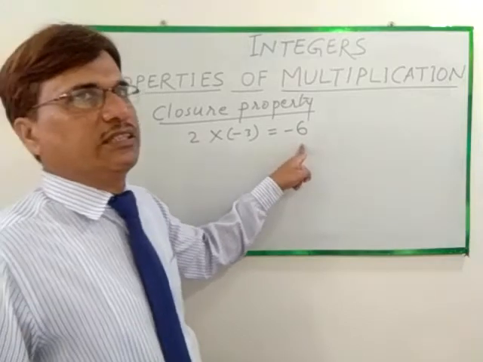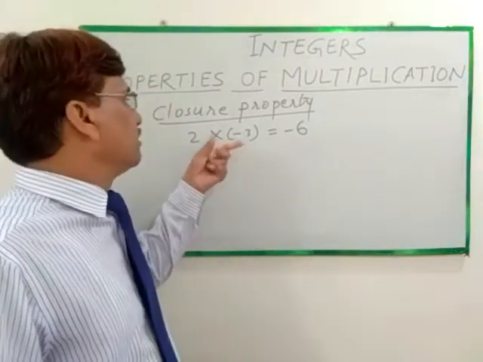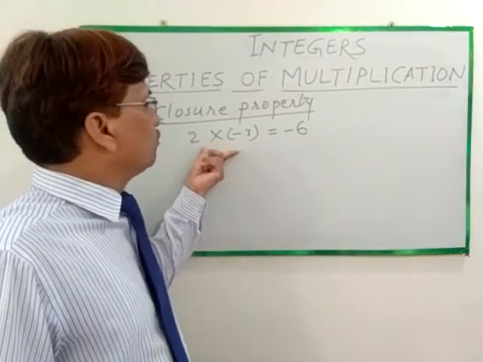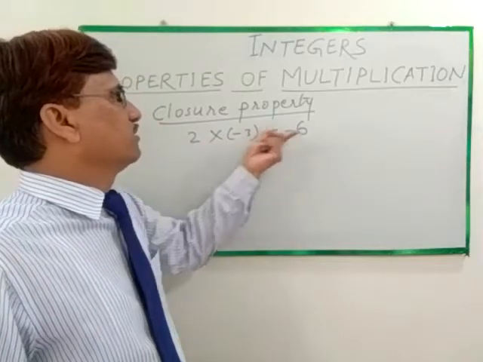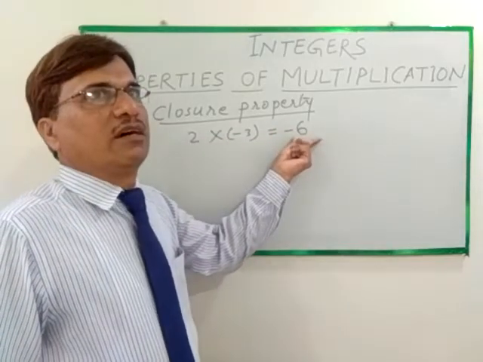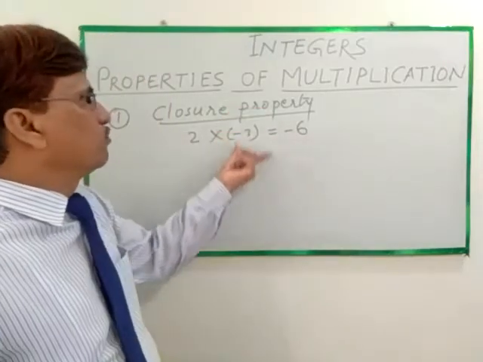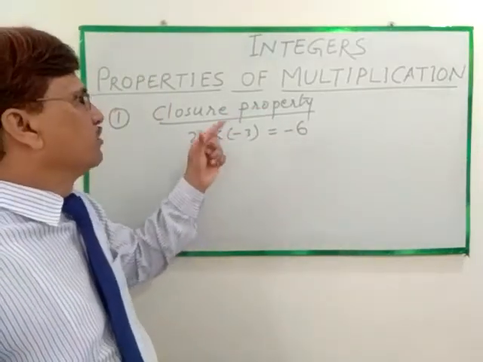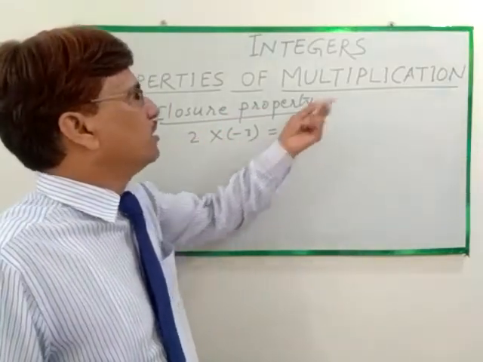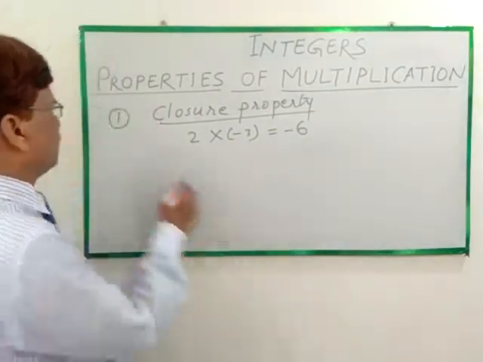It is an integer, meaning the product of two integers is an integer. This is the closure property. So it is closed under multiplication.